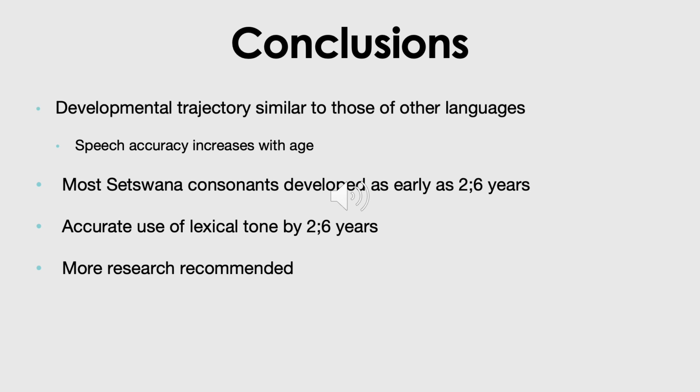What is worth noting for this particular language is that most of the consonants in the Setswana phonetic inventory are developed as early as 2.5 years old. And these children use lexical tone accurately.